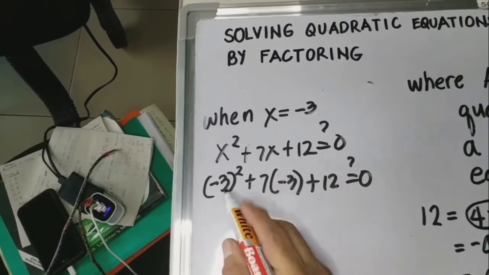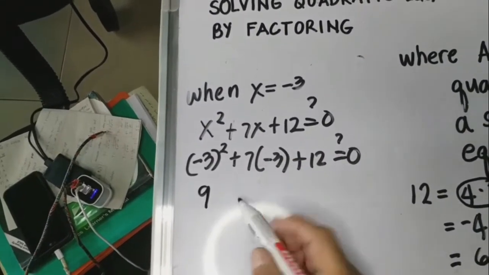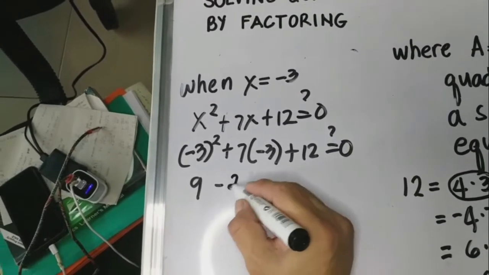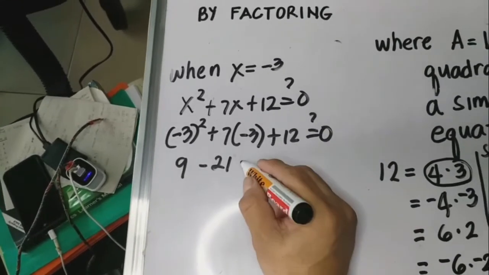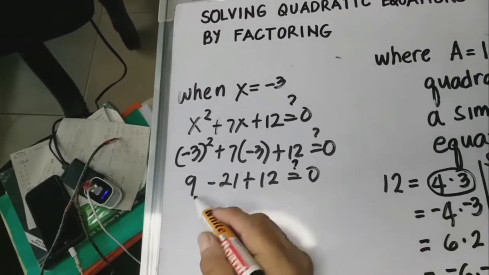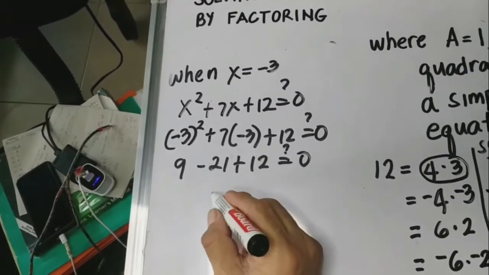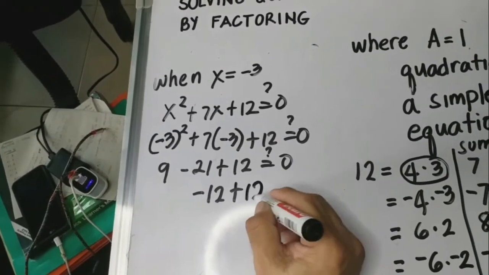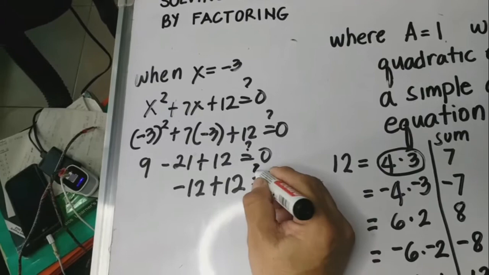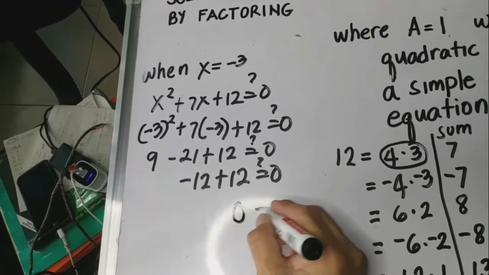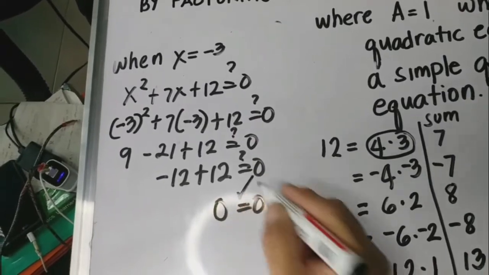Negative 3 times negative 3 is positive 9. Positive times negative is negative 21, plus 12 equals 0. 9 minus 21 is negative 12, plus 12 equals 0. So 12 minus 12 is 0, equals 0, and that is correct.